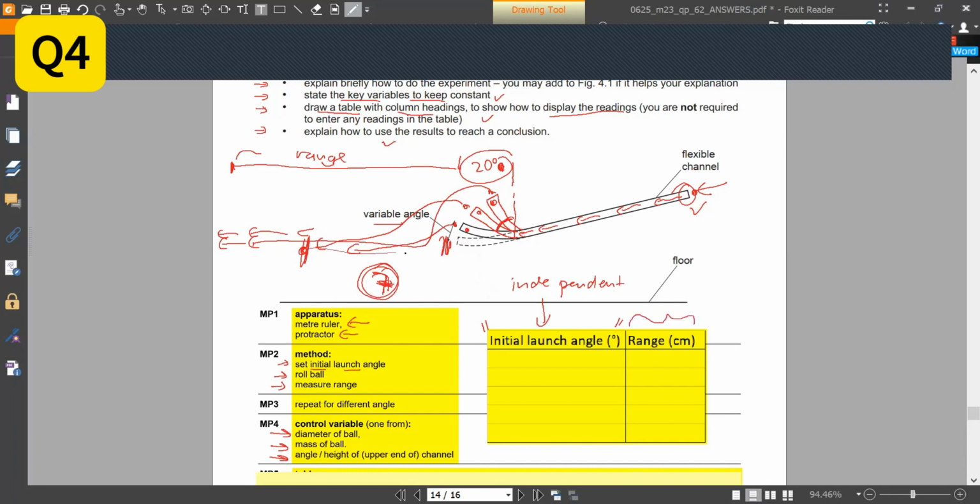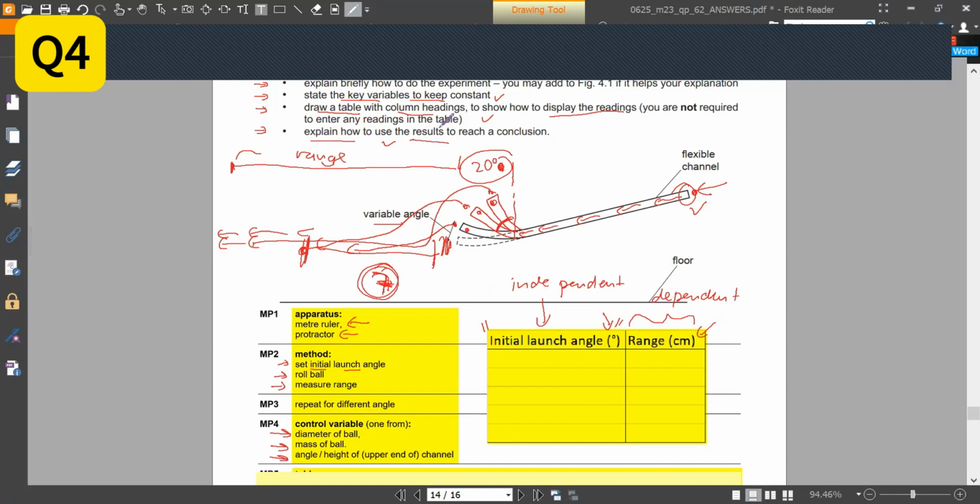So how far it will roll after it falls down from the channel. So this is the dependent variable. So what we are measuring and what is the unit, we include this.